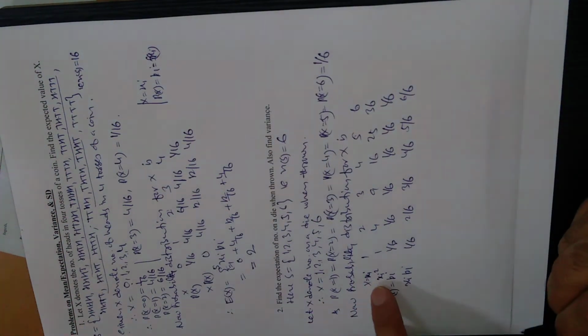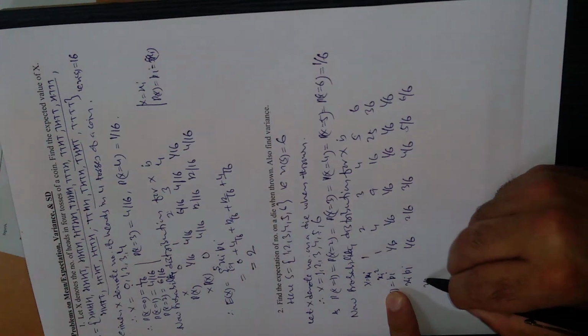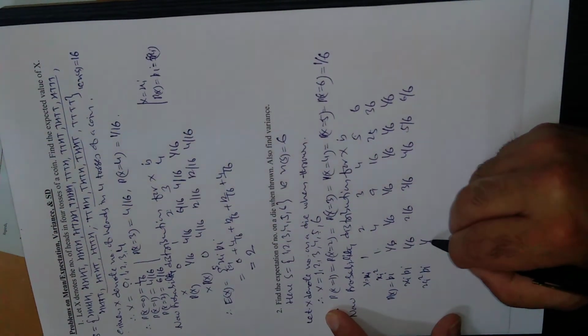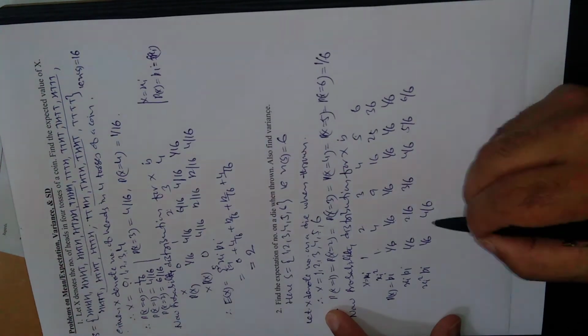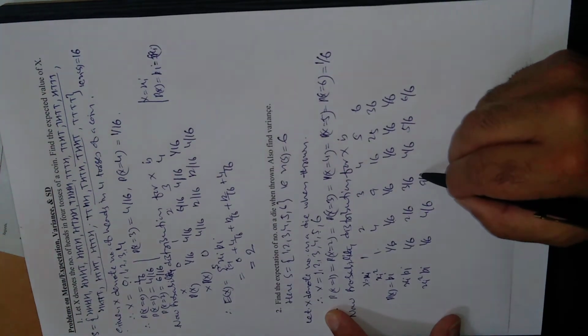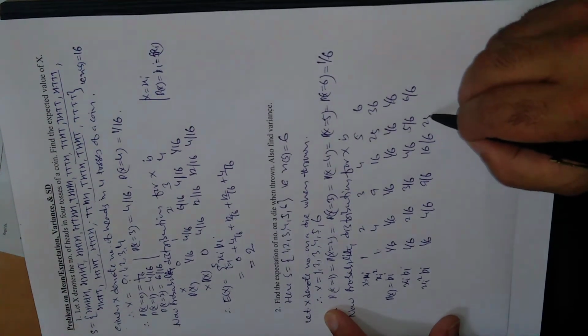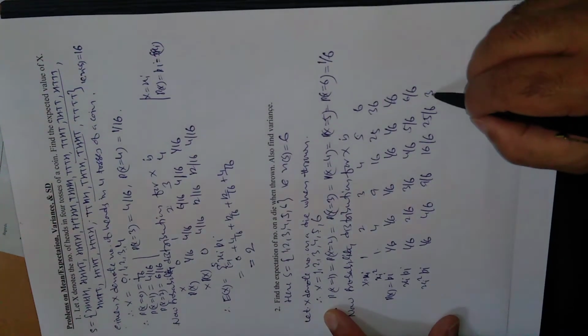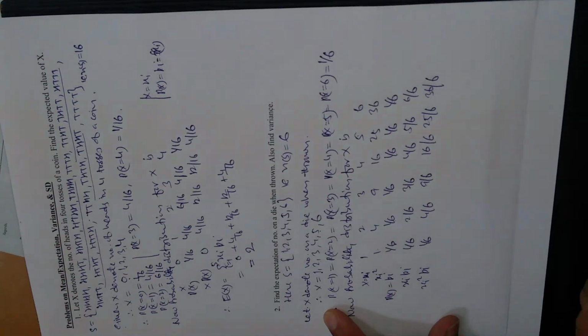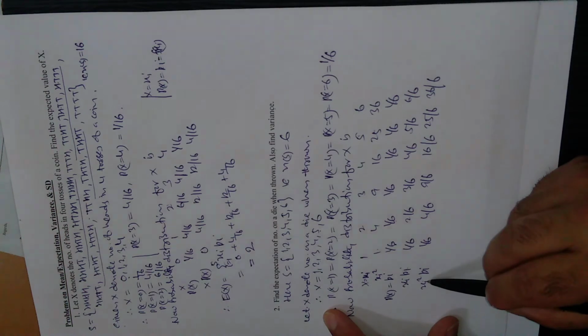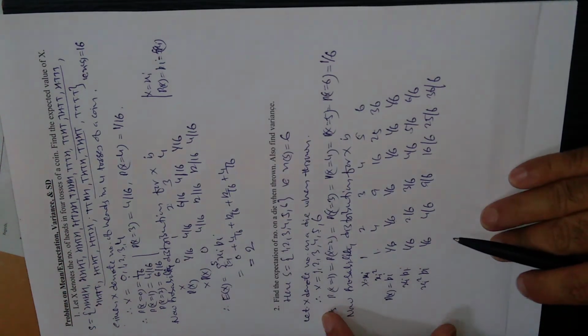Now for the second and third rows, this is xi square into pi: 1 by 6, 4 by 6, 9 by 6, 16 by 6, 25 by 6, 36 by 6. So this is xi pi and this is xi square pi.